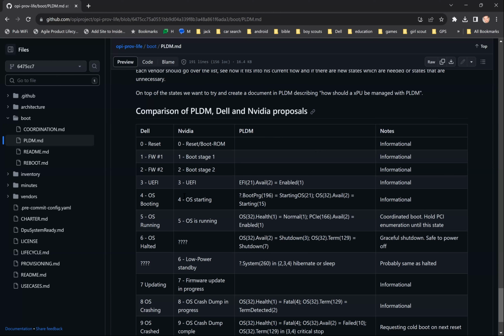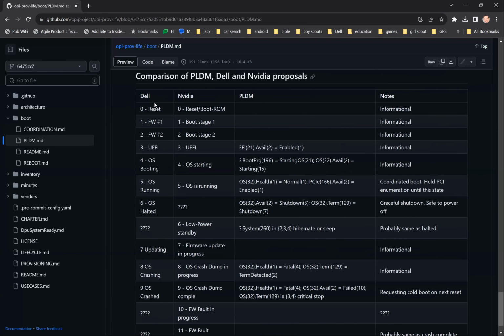So if we don't have a solution for firmware 1, firmware 2, it may not be the end of the world. But you can see there's a lot of correlation between the Dell and NVIDIA stuff.